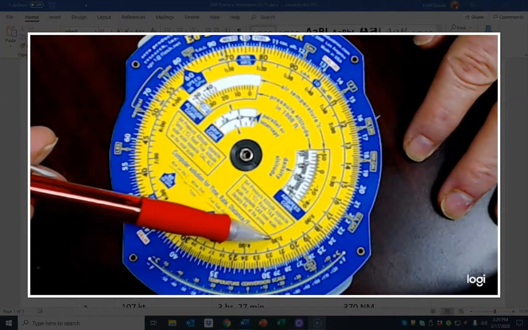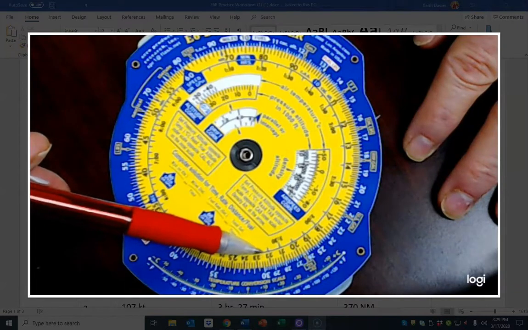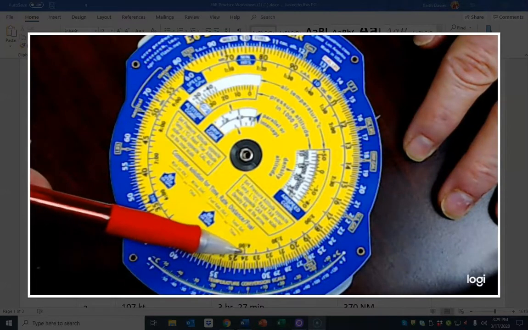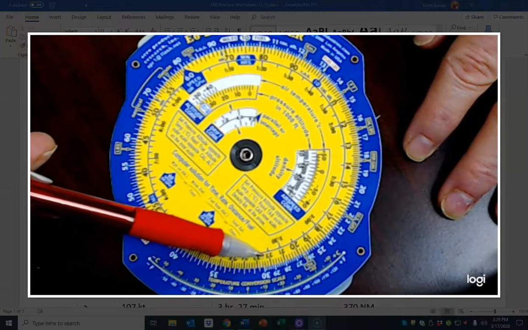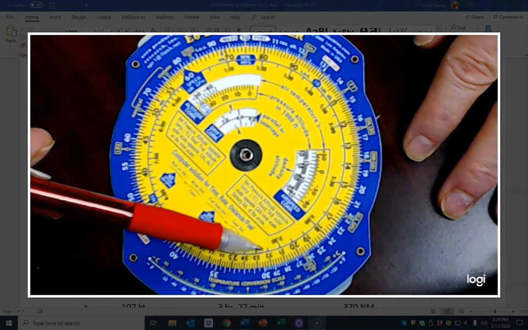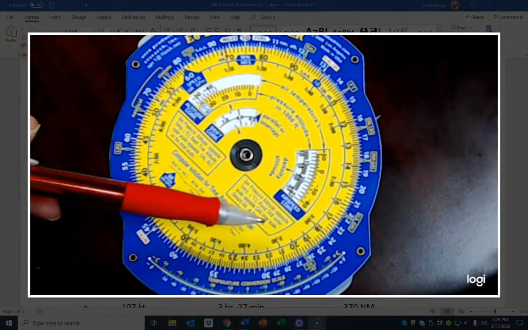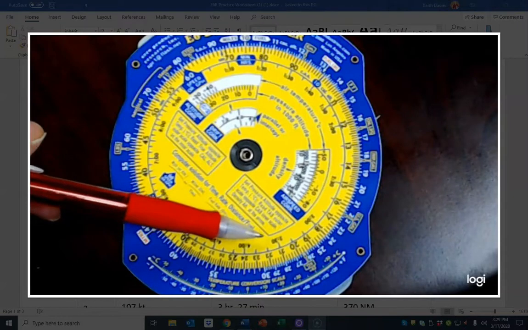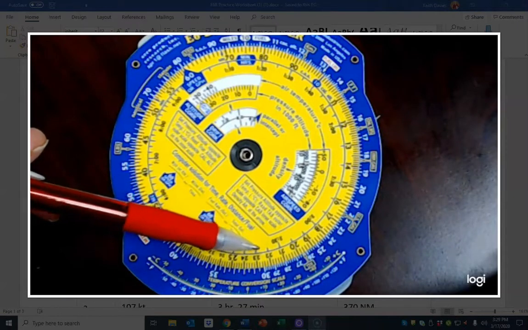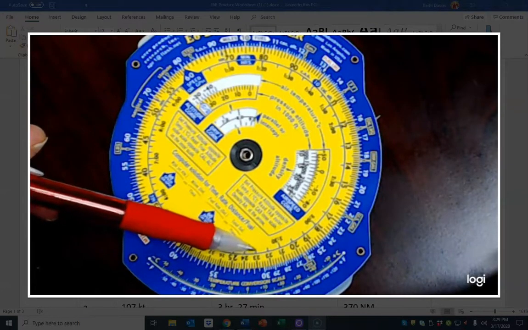3 hours and 30 minutes, 40 minutes, 45 minutes, 50 minutes, 4 hours. So it's about 3 hours and 45 minutes. And that makes sense. You're going to do 80 nautical miles in an hour. To do 300, it's going to take you a little bit over 3 hours. So there's 3 hours and 30 minutes, 3 hours and 40 minutes, 50 minutes, 4 hours.